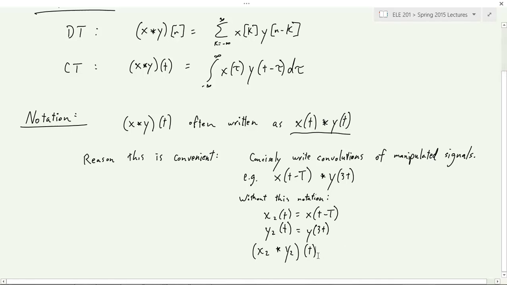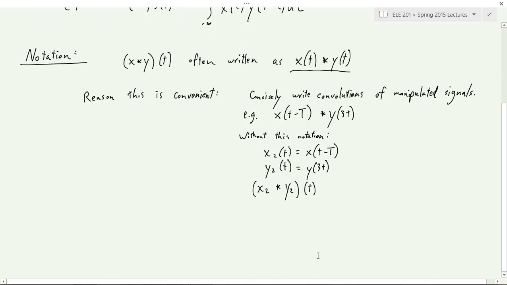Now, what's wrong with it is that the result of the convolution is not just a function of x at a particular point in time and y at that same point in time.